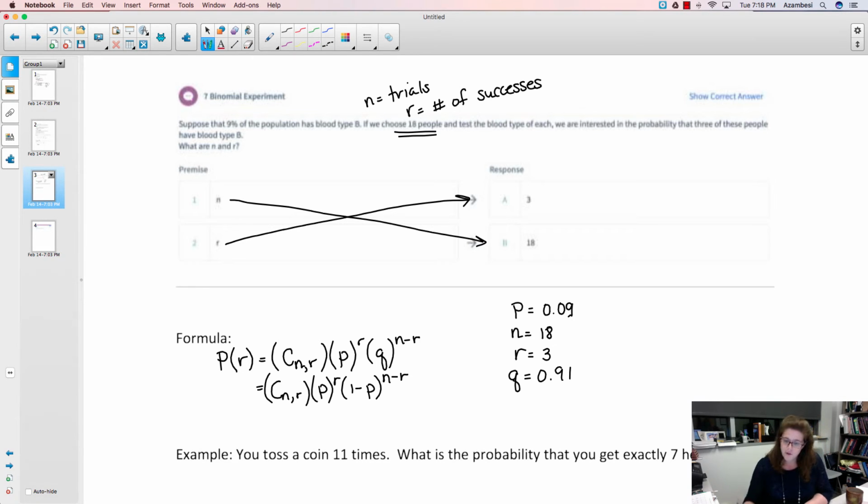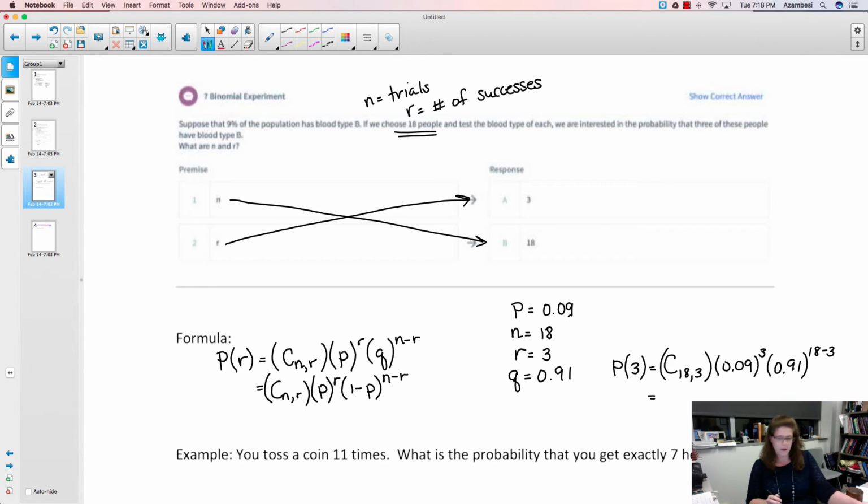So for the probability of 3 successes, it would be the combination of 18 and 3, which I'm going to get from my calculator, times 0.09 to the 3rd power, times 0.91 to the 18 minus 3 power.